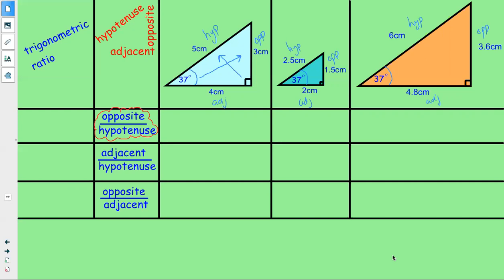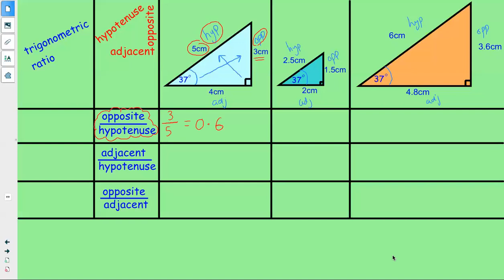So look at this first triangle here. The opposite side is here, and that is labeled 3 centimeters. So I'm going to do 3 all divided by the hypotenuse, which is here, and that is labeled 5 centimeters. So I'm going to do 3 divided by 5, and that gives me an answer of 0.6.